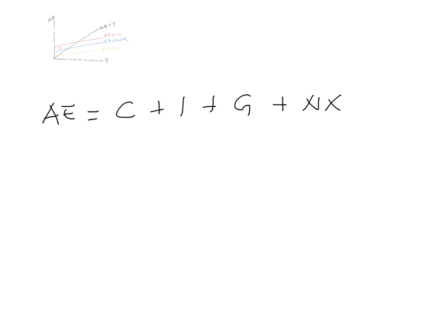Okay, so if consumption goes up, aggregate expenditure will go up. If consumption comes down, aggregate expenditure will go down, and you have your shifts. And it's the same with investment and government spending and net exports. So the simple answer is any change in C, I, G, or NX will lead to a change in AE and hence a shift in the schedule.